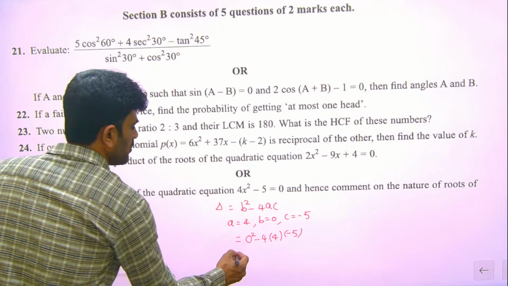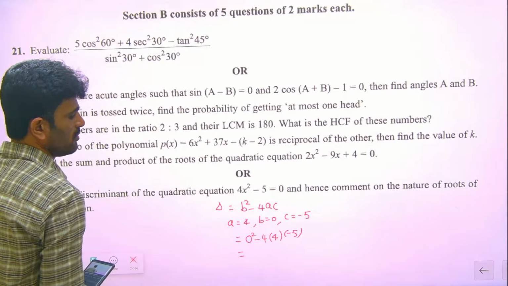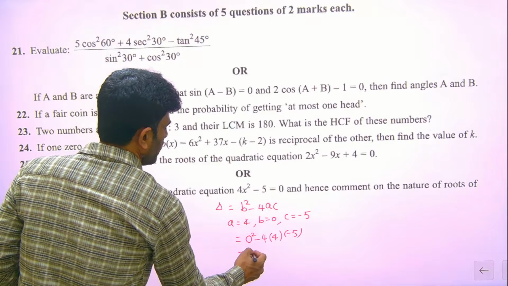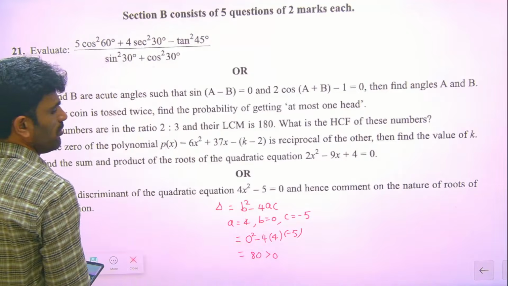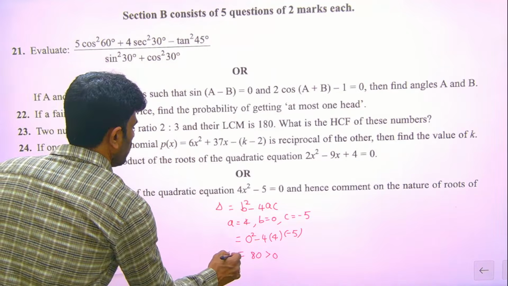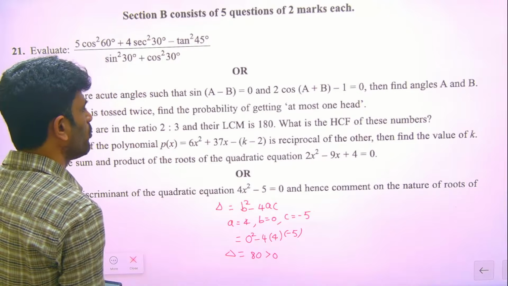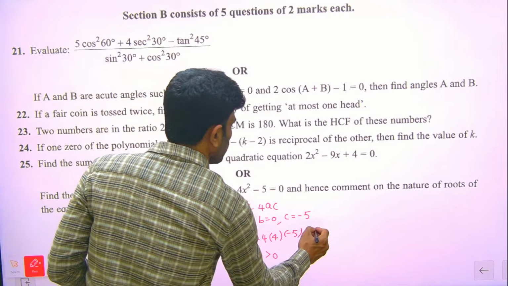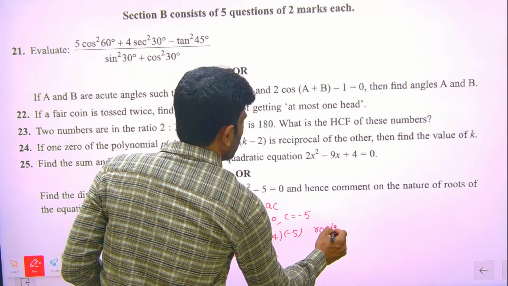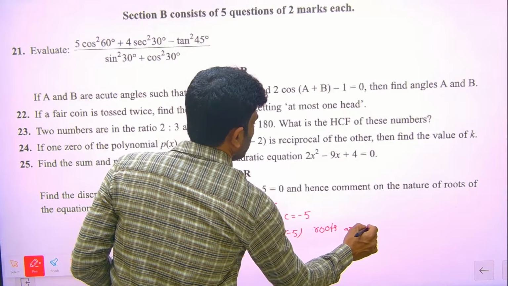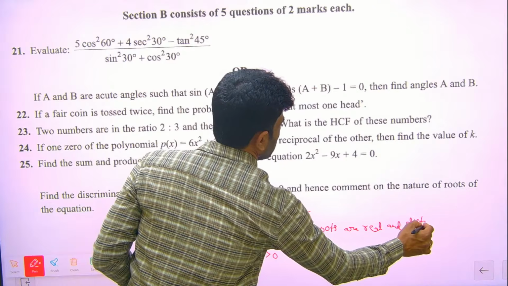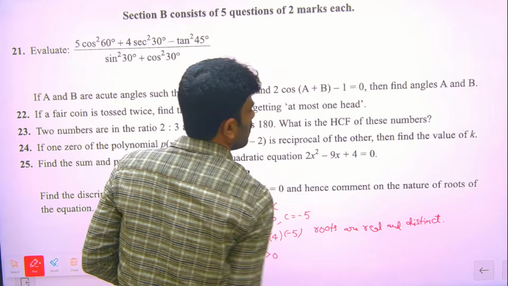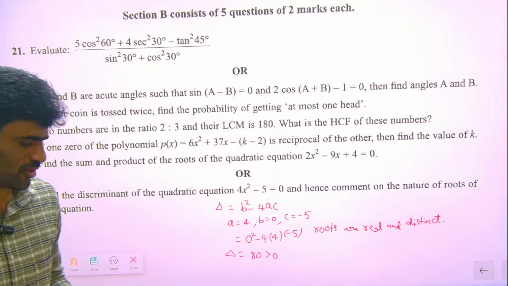Minus into minus is plus. 16 into 5, 80. 80 is positive, no? Greater than 0. So delta is greater than 0. Which type of roots? Roots are real and distinct. So in that way, how to write the solution.